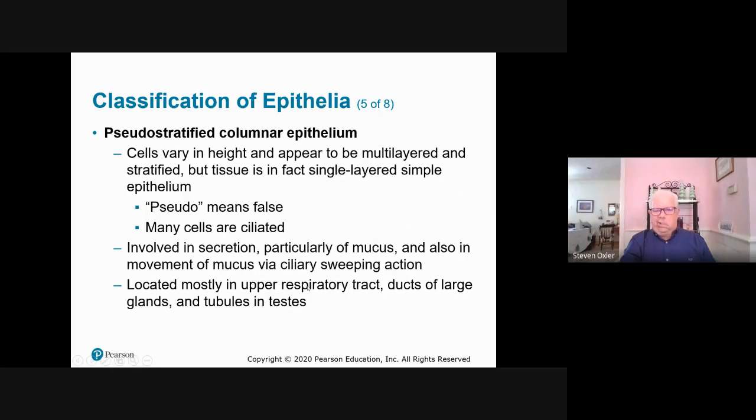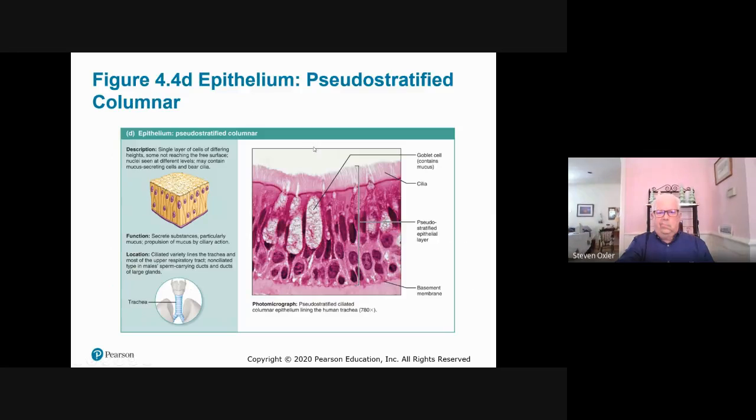So in your upper respiratory tract, this is where pseudostratified columnar epithelium lives. It looks like more than one layer, but it's only one layer. Look, all these cells only have one nucleus. They secrete mucus. They're in your respiratory tract.